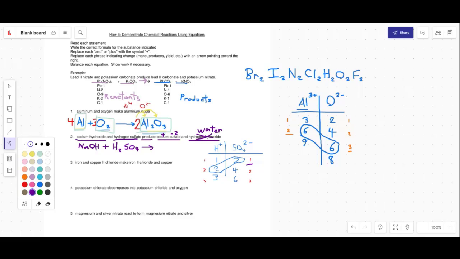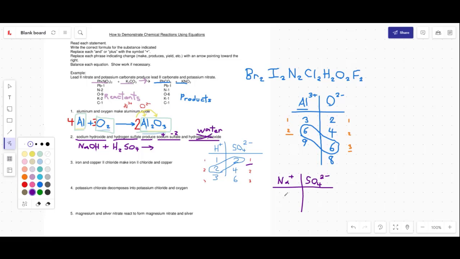Okay, so let's do that chart again. The sodium is a +1 charge, and sulfate, remember, is SO4 2 minus, right? Not SO3. Sorry.